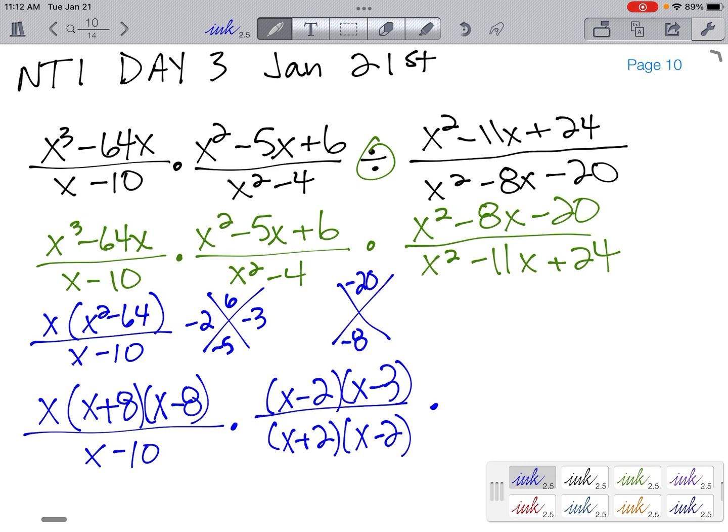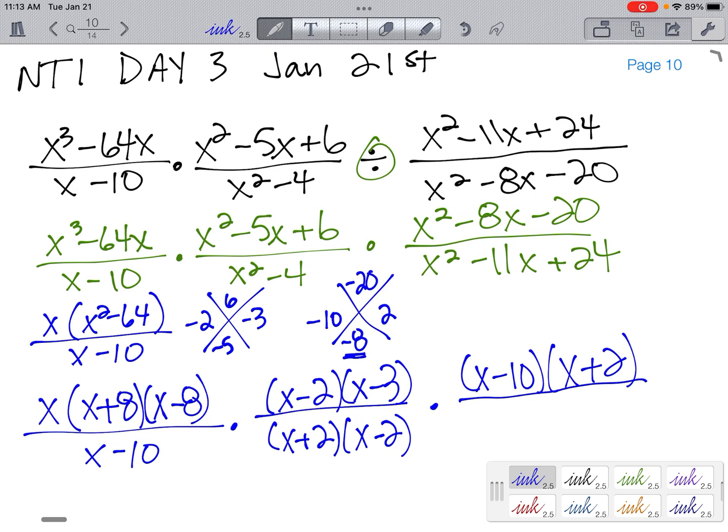We're going to have one positive number and one negative number that are 8 apart. The only two numbers that are 8 apart are 10 and 2. Because our number in the bottom is negative, we make our 10 negative. So in our numerator, it's going to factor as x minus 10 and x plus 2.